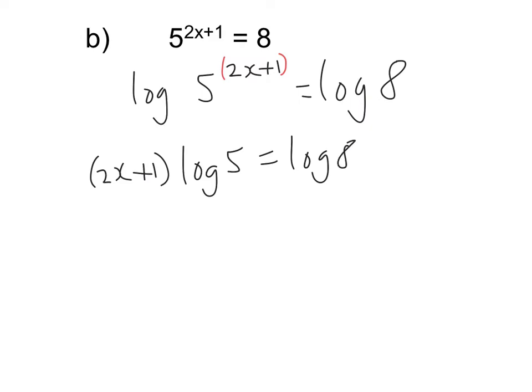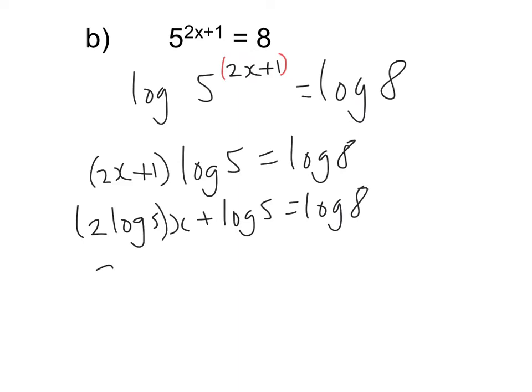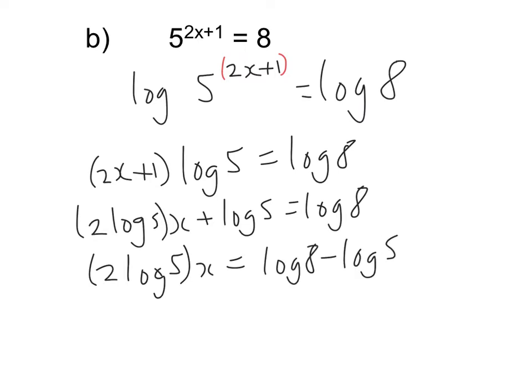Now you have two options here. We can either expand the bracket out, or we could divide through by log 5. In this case, I'm going to expand it out, but it's not that it's a better technique at all. So you'd have 2 log 5 multiplied by x plus log 5, or 2 log 5 x equals log 8 minus log 5.